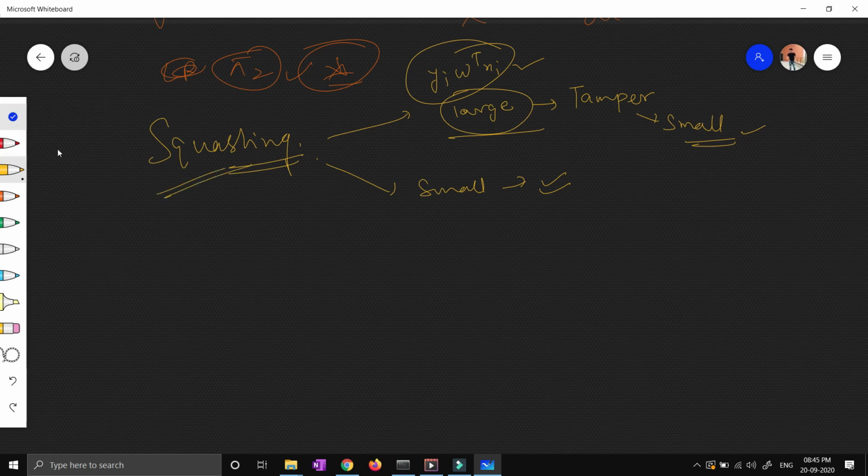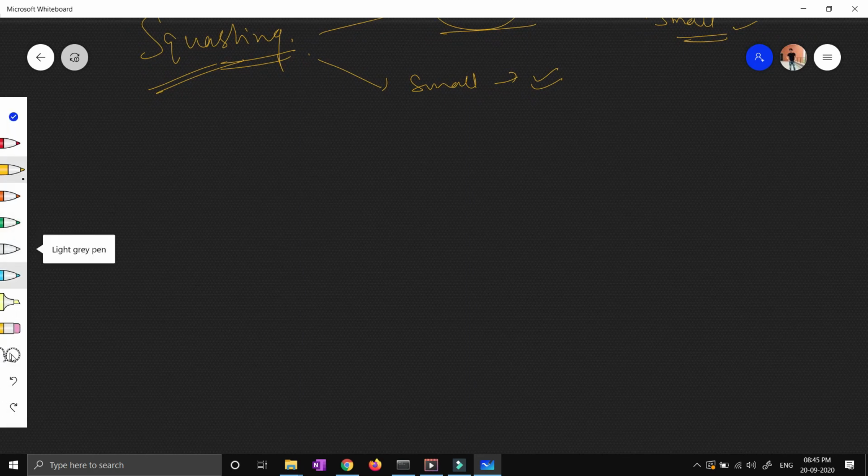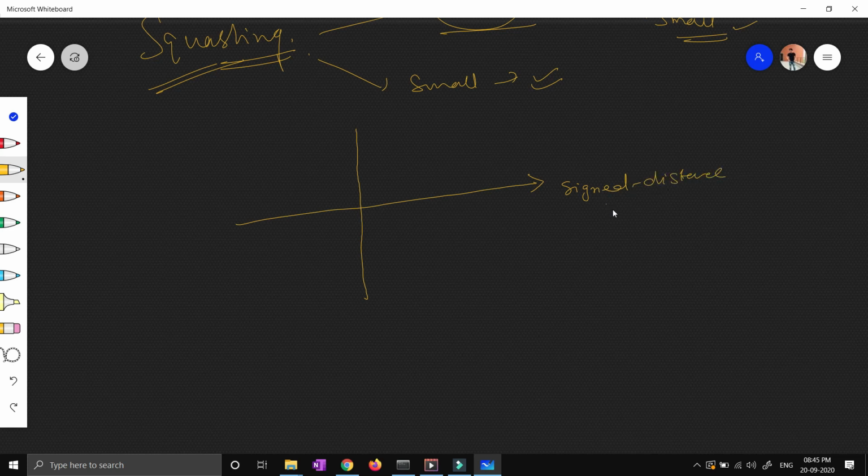So let me show you more geometrically what squashing is, what I'm trying to say actually. Let me draw a graph over here. In the x-axis, this is my signed distance, or you can say yi w transpose xi.